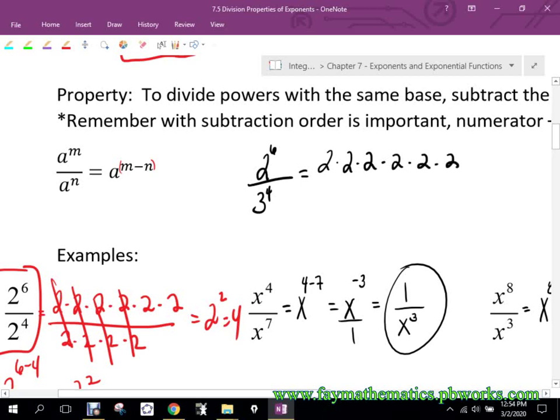So is that 2 to the 6th? Yeah. Is this 3 to the 4th? Yeah. If I group those, does that turn into a 1 or anything real nice? No. Okay? So what happens is when we don't have like bases, we just leave it that way. We just leave it as 2 to the 6 divided by 3 to the 4th. So that would be my answer. Okay?